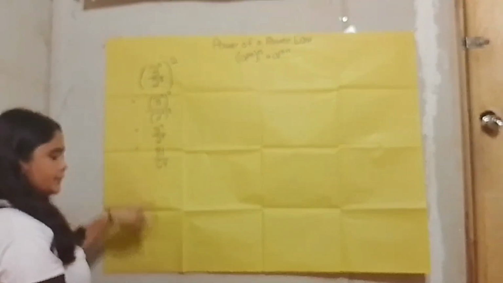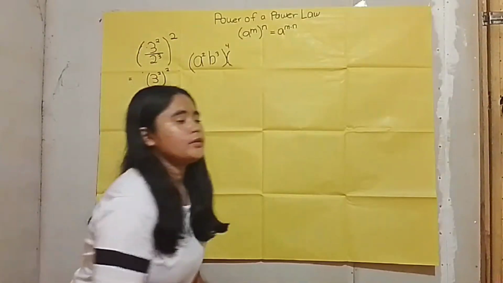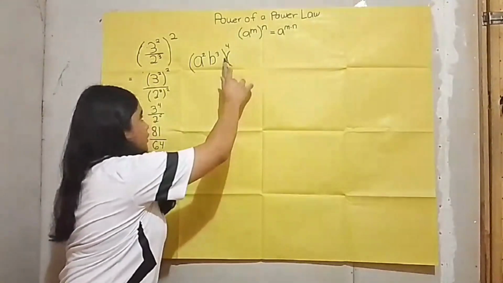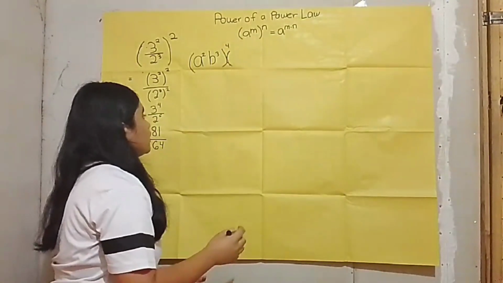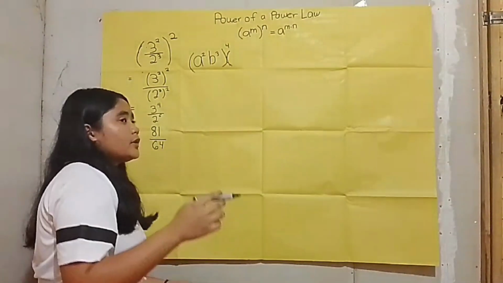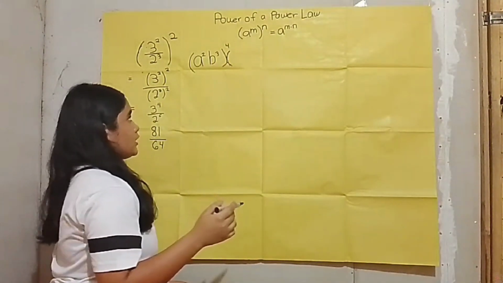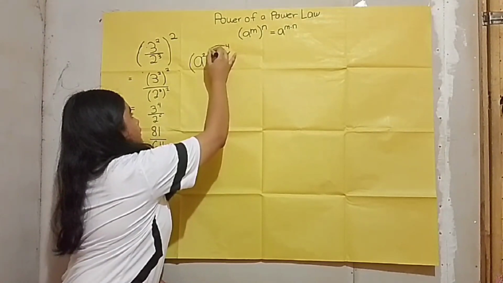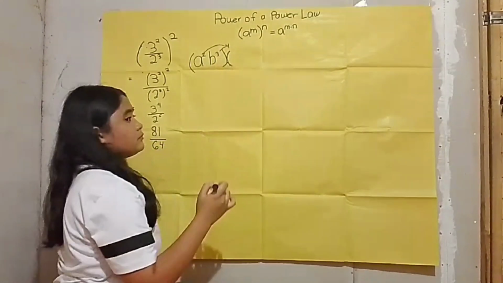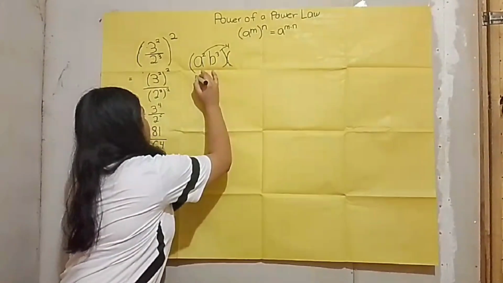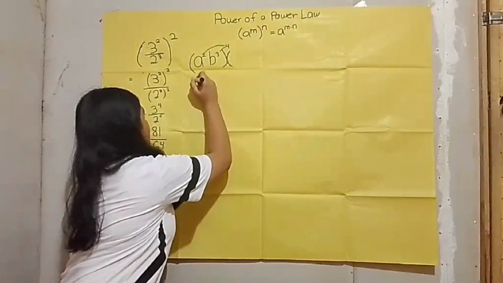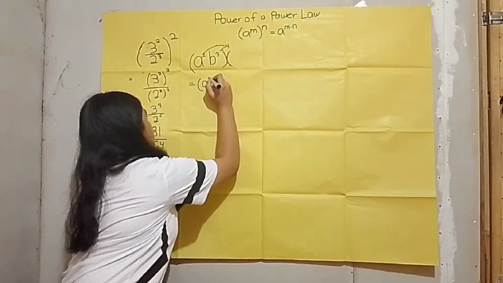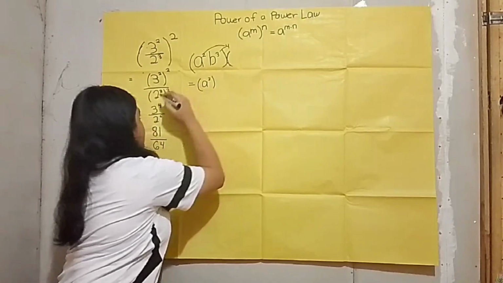And that's the answer. For our next example, we have a squared and b cubed to the power of 4. Here, we can apply the distributive property, which is 4 times 2 and 4 times 3.